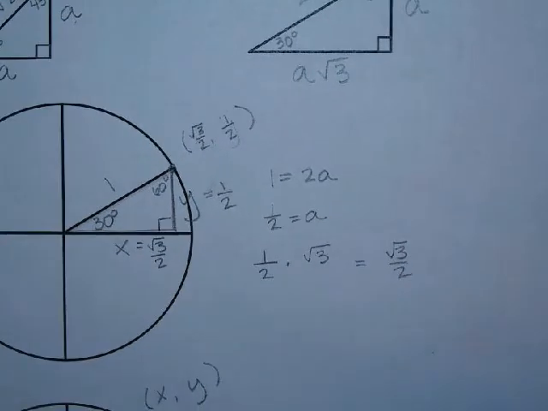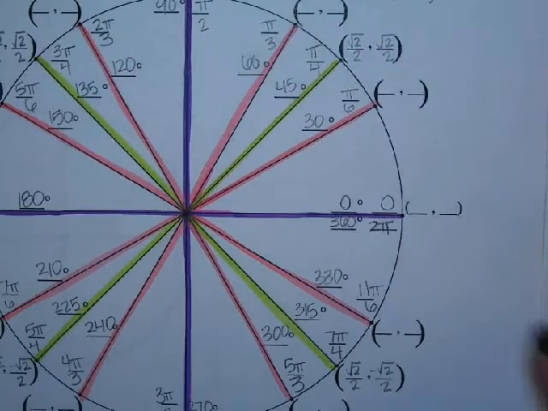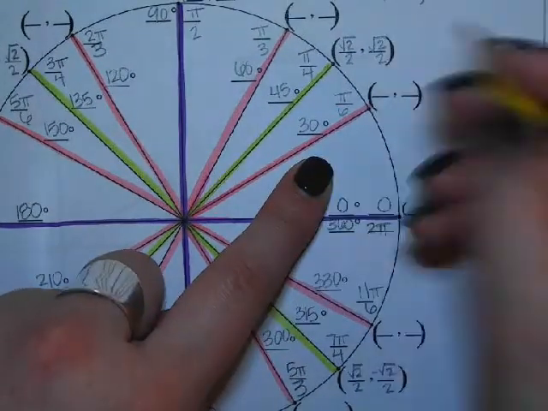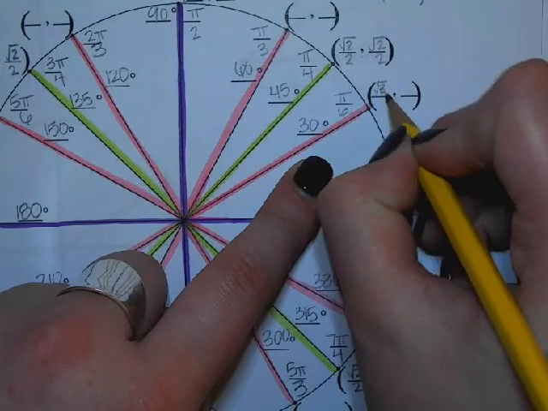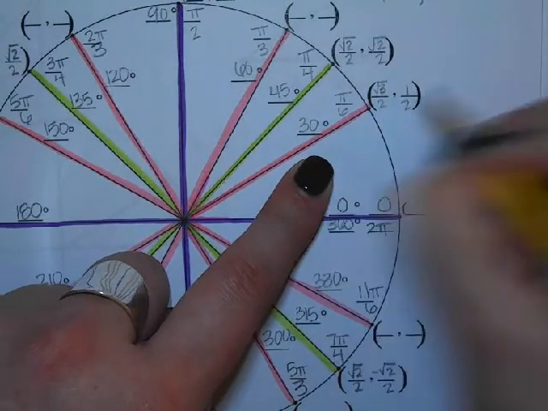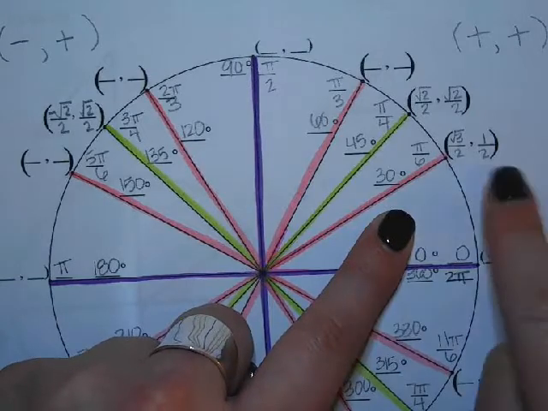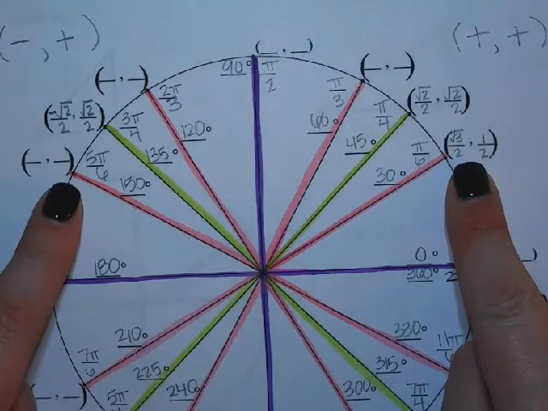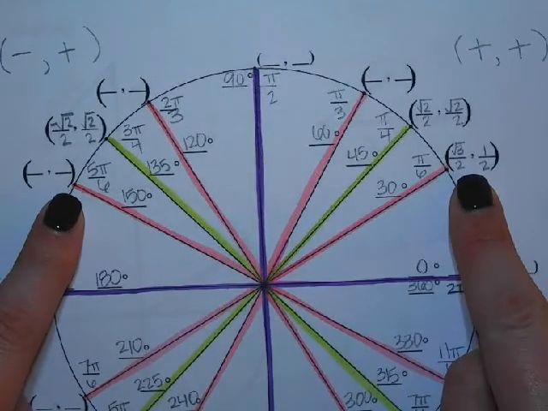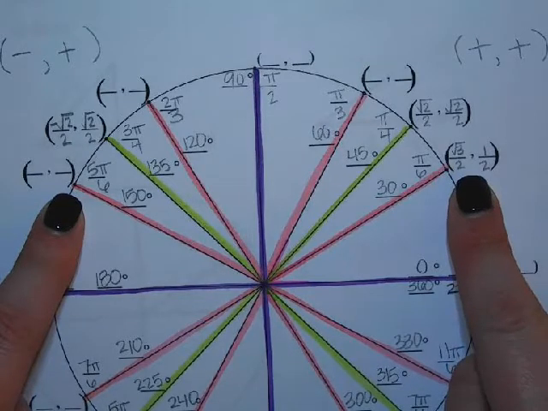Okay, so now we get the unit circle back out. So we have root 3 over 2 for x, 1 over 2 for y. So, Miss Grace, is it called a unit circle because this is equal to 1? Yeah.